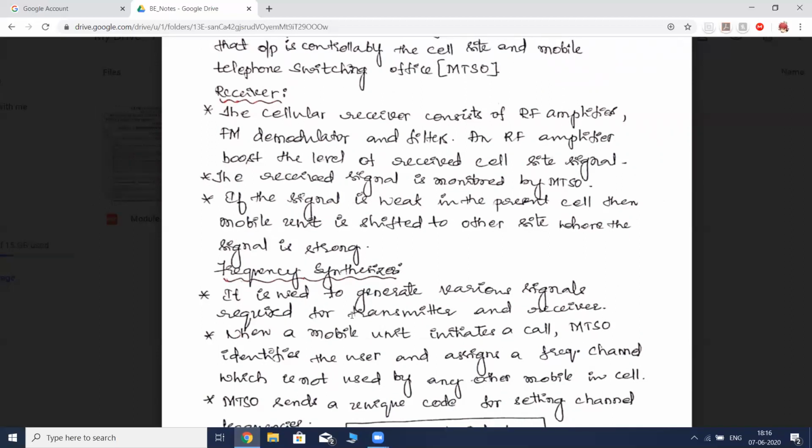The RF amplifier is going to boost the level of the received signal, and the received signal will be monitored. If the signal strength is very low, the call is shifted to the other side where the signal is strong.